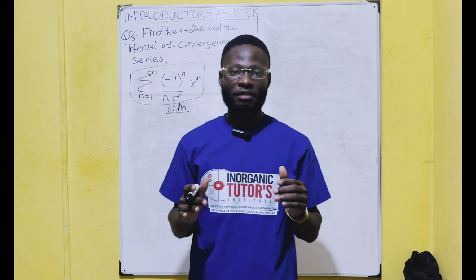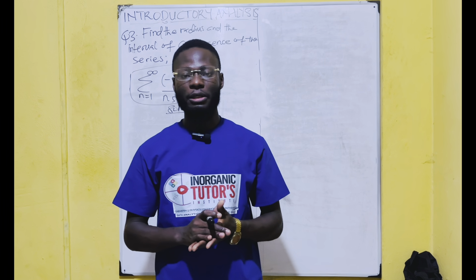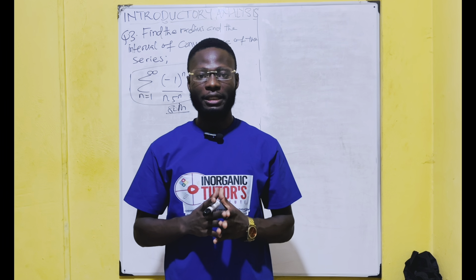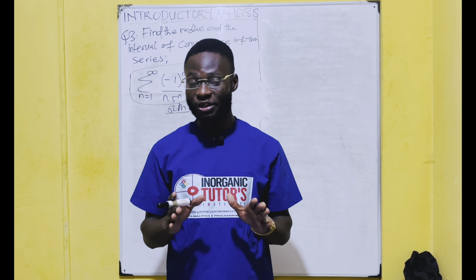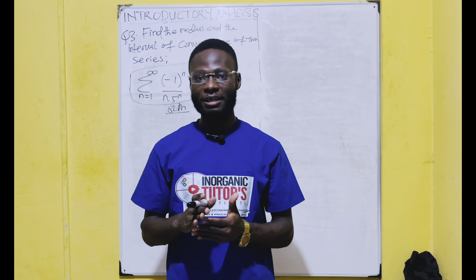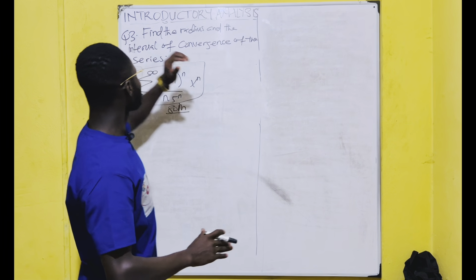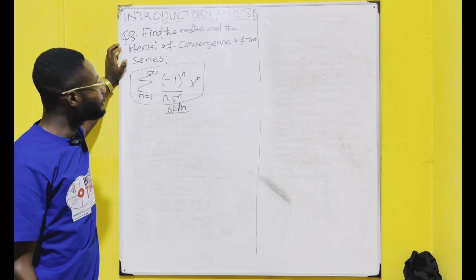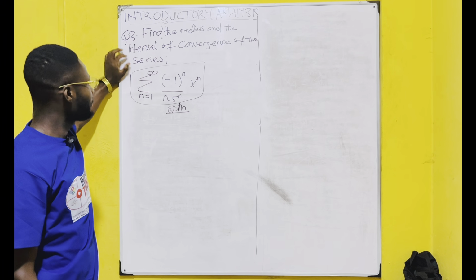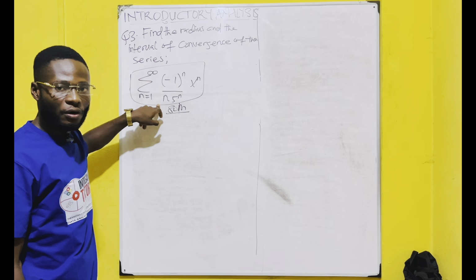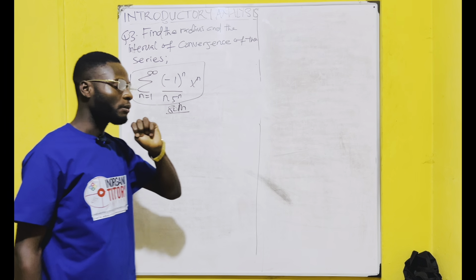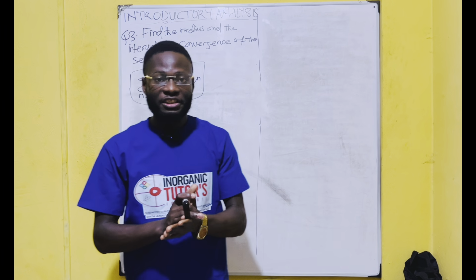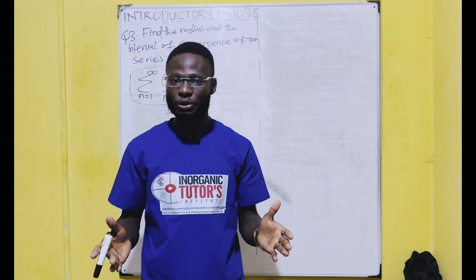I believe that you have been able to glance through problem number 2 and you are good with it. Great. So now that you agreed with me on question number 2, let's look at question number 3, where we are asked to find the radius and the interval of convergence of the series right here. Now, given a problem of this nature, how do we go about it?